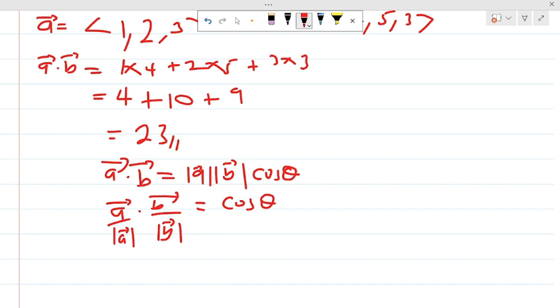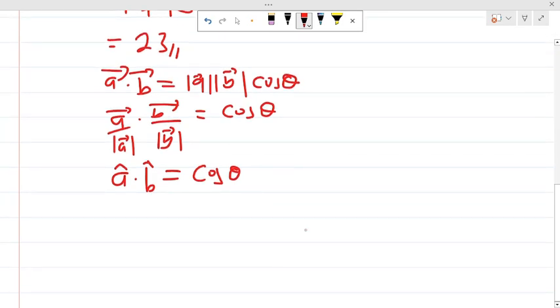Now, if you recognize this from the previous video, the vector a divided by its magnitude is what? The unit vector of a. And this one will give you the unit vector of b. And that should be equal to the cosine of the what? The angle. Okay. We can make some deductions from this formula.